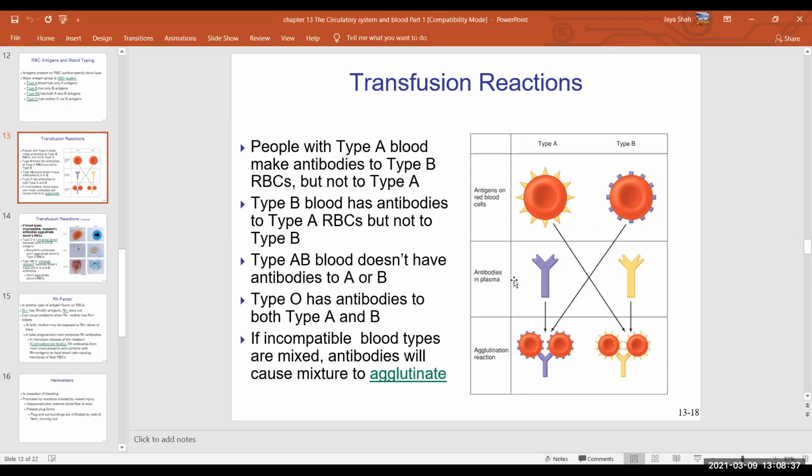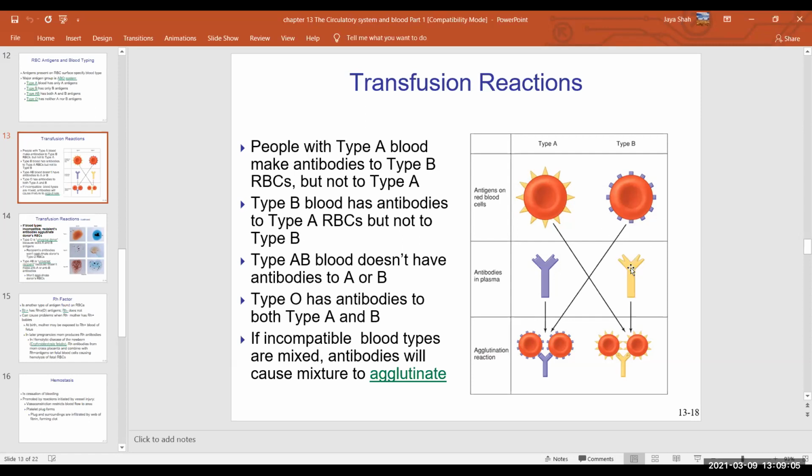So now, which antibodies will this blood group have? Antibodies are always against the antigens. It is simple, okay? So if you are A blood group, then to protect A from B, you will have antibodies against B. You see Y-shaped antibodies against these square antigens.